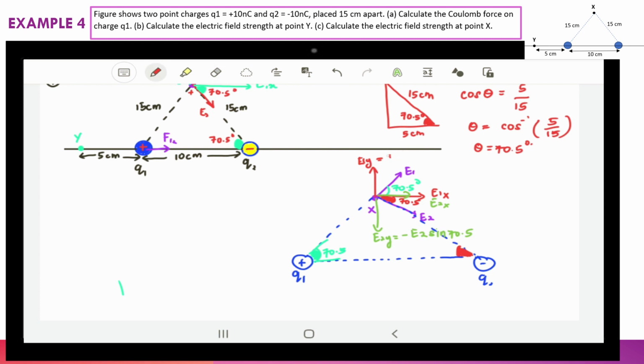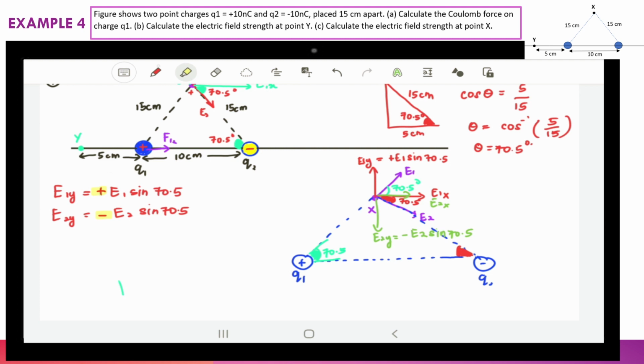It's positive, equal to positive E1 sine 70.5. So E1y is positive E1 sine 70.5, and E2y is equal to negative E2 sine 70.5. Look at here, the magnitude is the same but the direction is opposite.